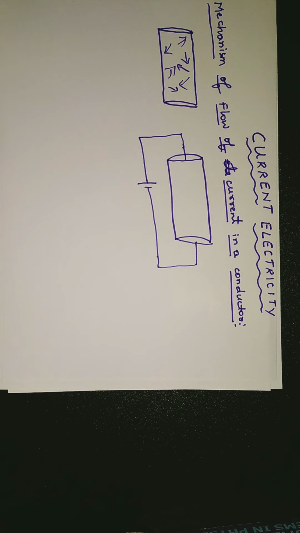So now the electrons experience a force in a direction opposite to that of the electric field, and hence now they start moving in the direction of the force they experience.